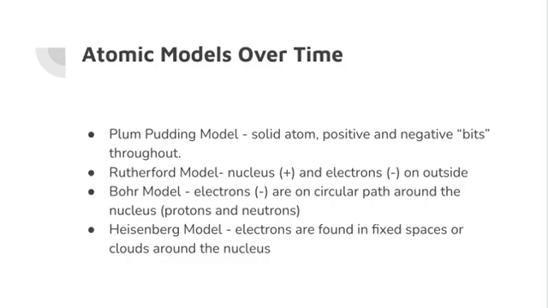But we now know, because of Heisenberg and a whole bunch of math, that electrons are actually found in these spaces, or we call them electron clouds, around the nucleus. So instead of being on a fixed path, they're actually within a space or an area around the nucleus. And that's what we're going to talk about.